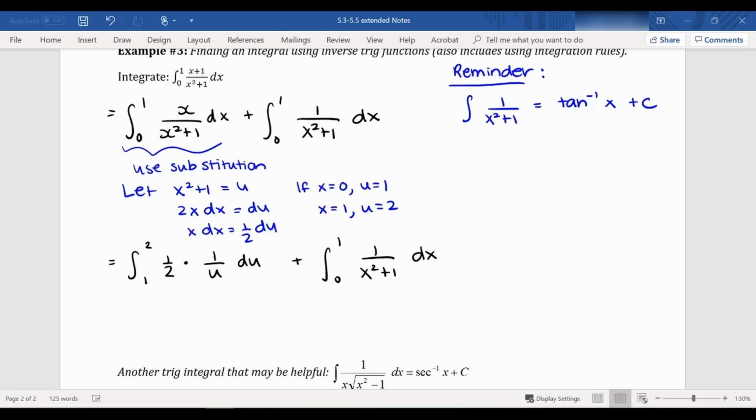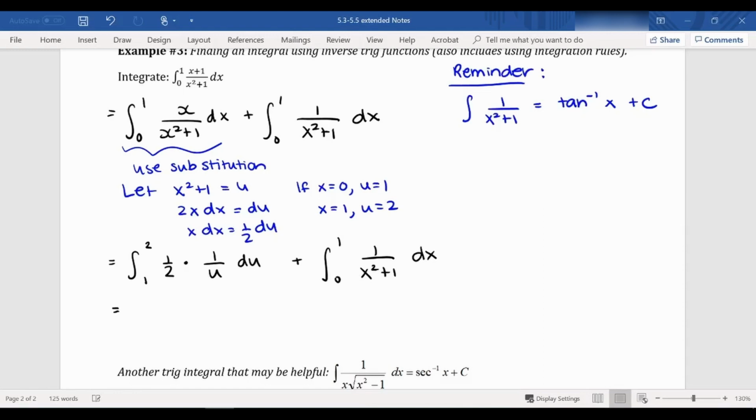Now, it doesn't matter that we have two variables here because we're going to be plugging numbers in and evaluating, so the variables are all going to go away. If we did not have bounds on our integral, then we would be substituting back in for u in the first integral, and we would end up with all x's anyway in our antiderivative.